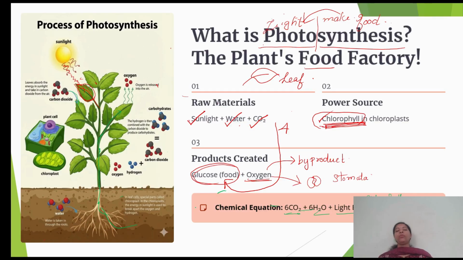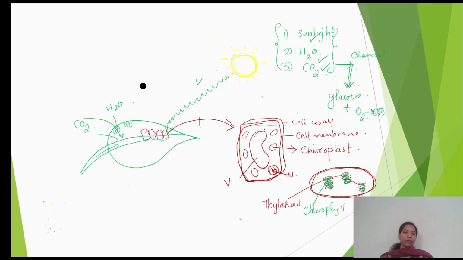One more thing you have to remember is that for making one molecule of glucose, we need 6 molecules of carbon dioxide. Keep this in mind. We'll see the equation here: 6 CO2 plus 6 H2O gives C6H12O6 plus 6 O2. Here, this is only one molecule of glucose.